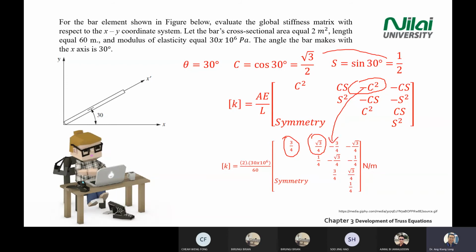You do C square, then bring the negative down. Repeat for the rest of the numbers, you get something like this. In test or exam, I'll look for the unit. If you forget to put in the unit, for example, if this answer is worth 3 marks, I will only give you 1.5 marks for the correct answer.